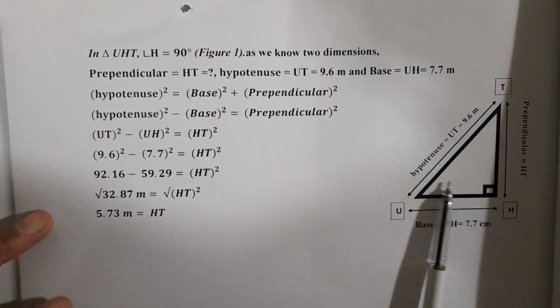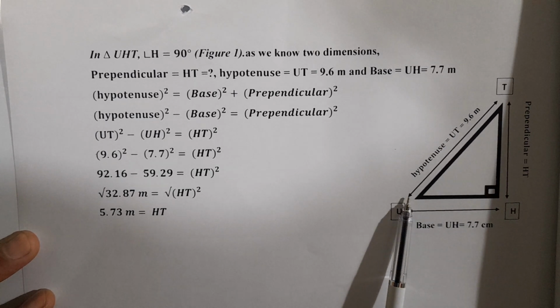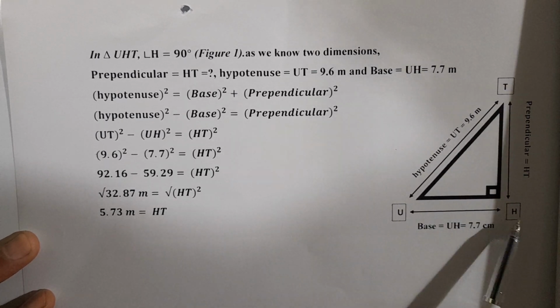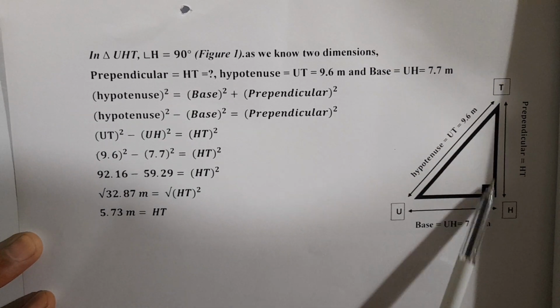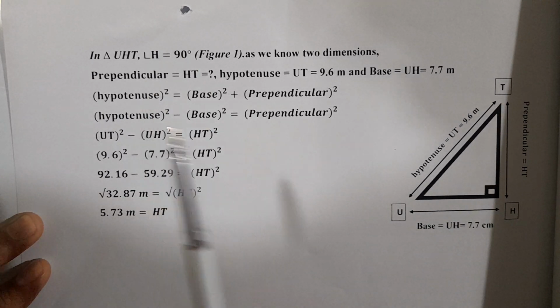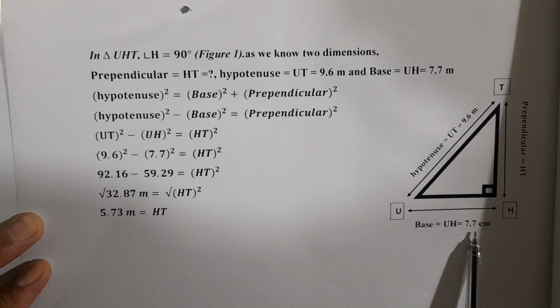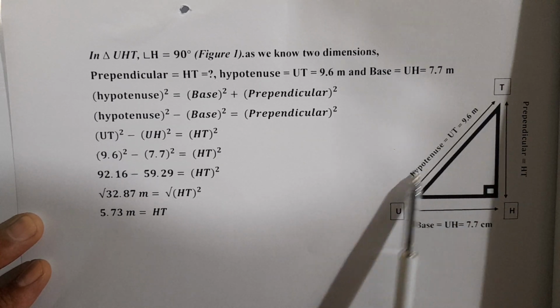Now, we have split the triangle, and this is the right angled triangle UHT. H is 90 degrees. We know the two dimensions; perpendicular HT we don't know. Base UH is 7.7 and hypotenuse is 9.6.